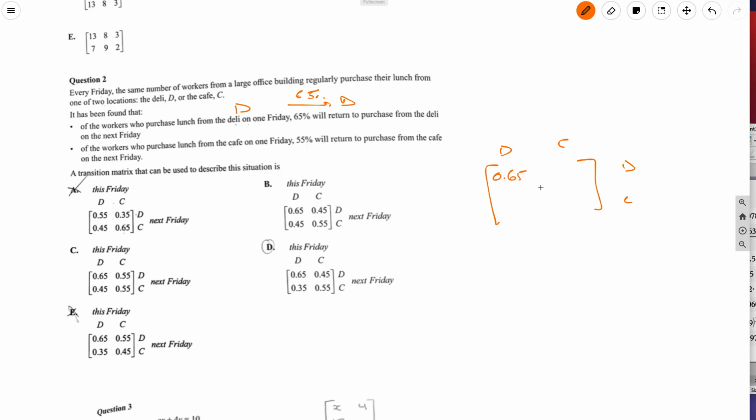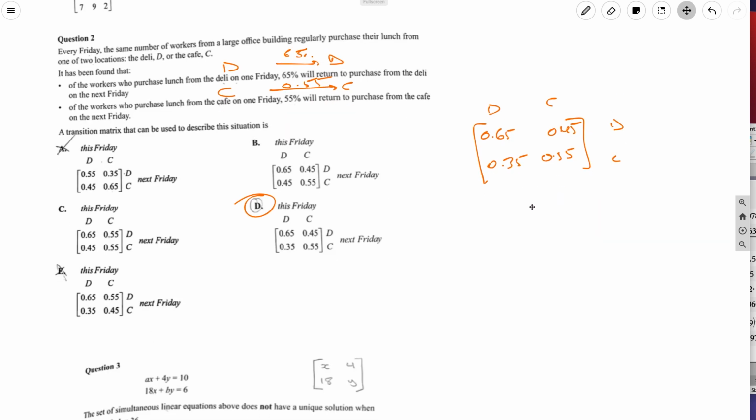D to D is 0.65, so therefore D to C would be the remainder, 0.35. And then on those that are from the cafe, C will return to the cafe is 0.55, so C to C is 0.55. So therefore the remaining 0.45 C to D. So just tediously working through, and we can see, yep, there we go, D is correct.